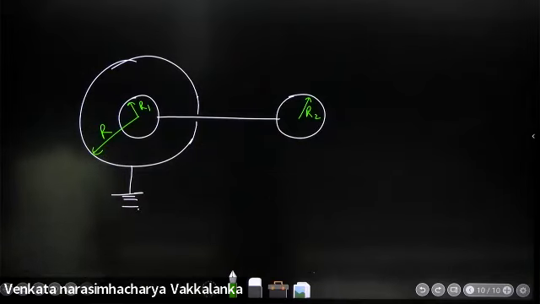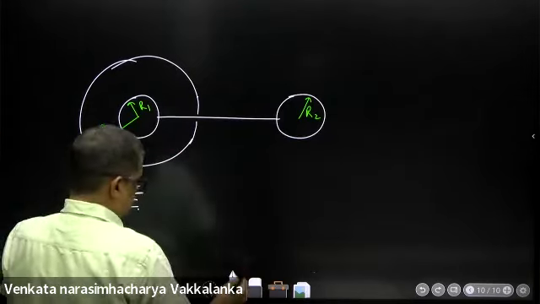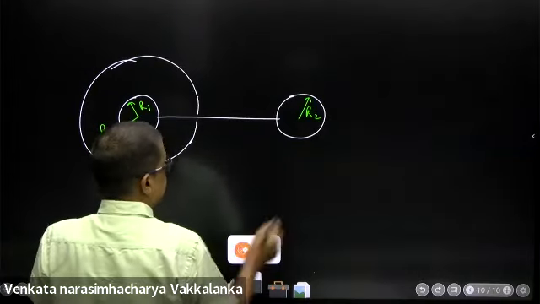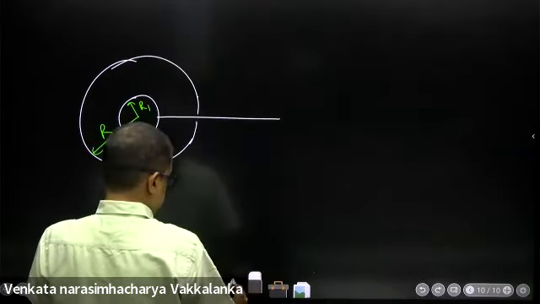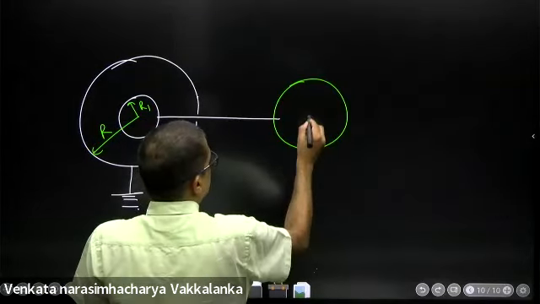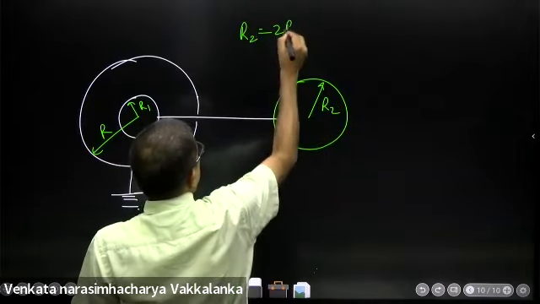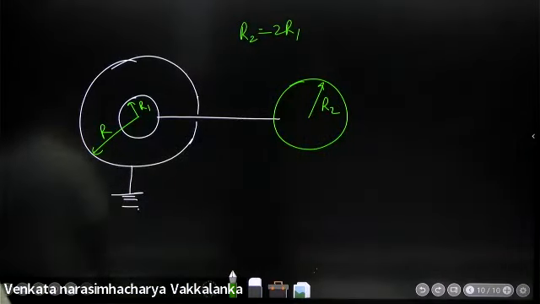Two metal spheres of radius R1 and R2 such that R2 is 2 times R1, are connected by a thin, long conducting wire and have a total charge of 21 microcoulombs.